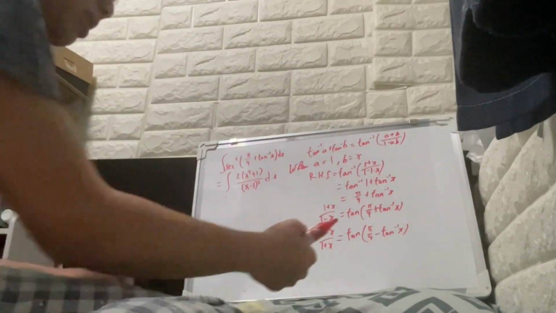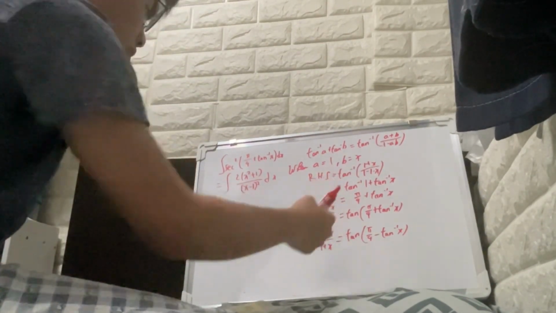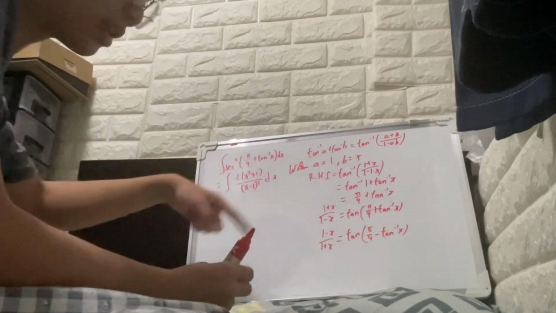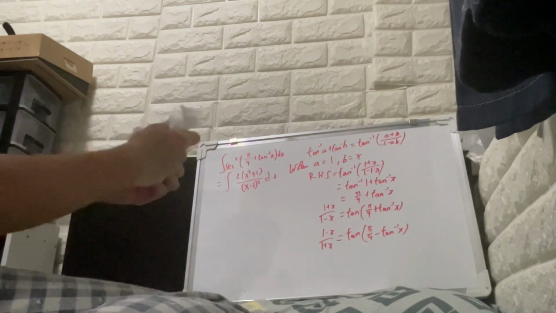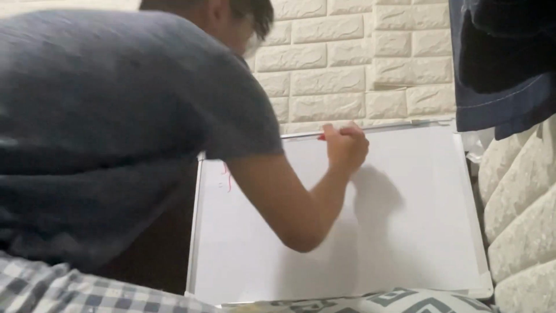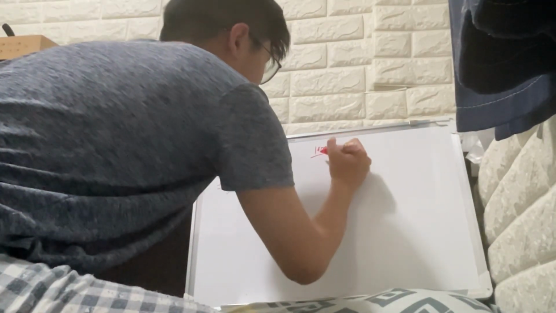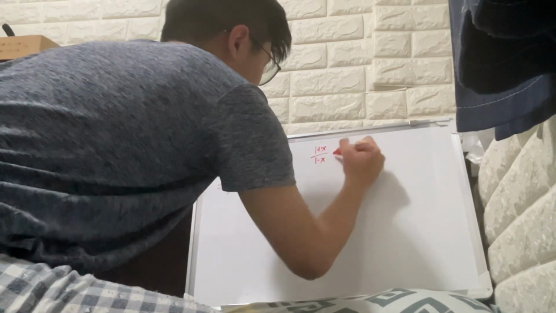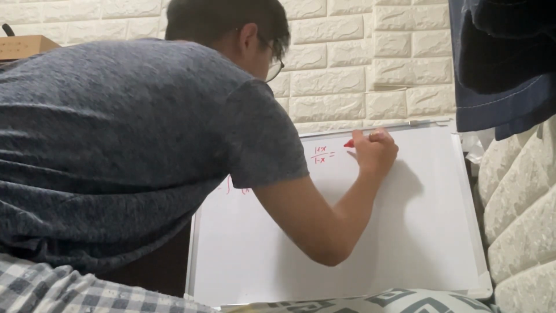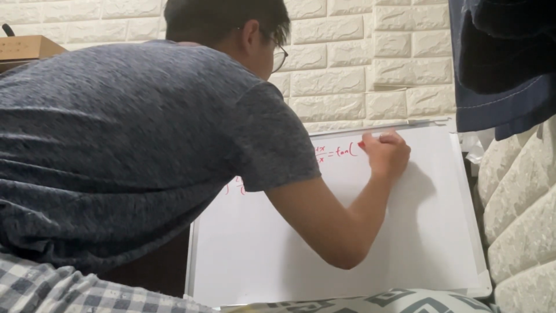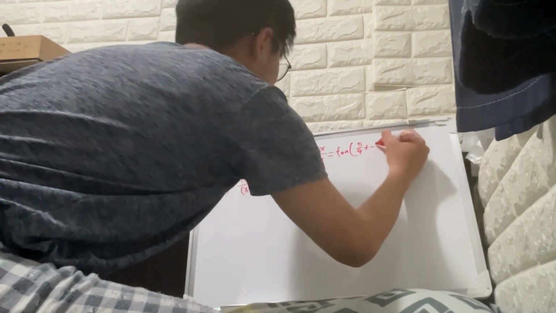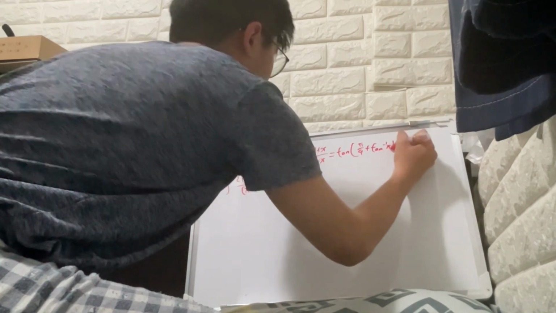But this time we're gonna use this formula, because you see the inside is plus inverse tangent x. So today we're gonna use this, and here is the deal. The formula is 1 plus x over 1 minus x equal to tangent of pi over 4 plus the inverse tangent of x.